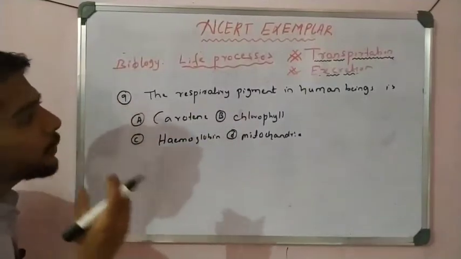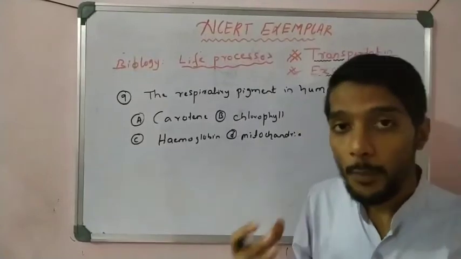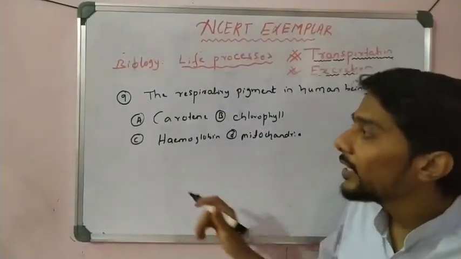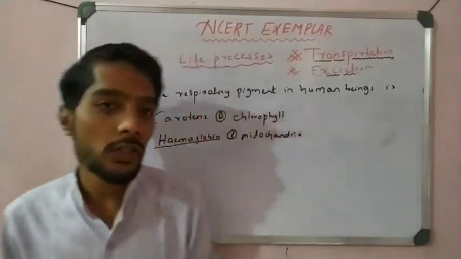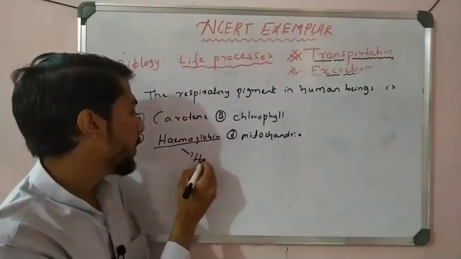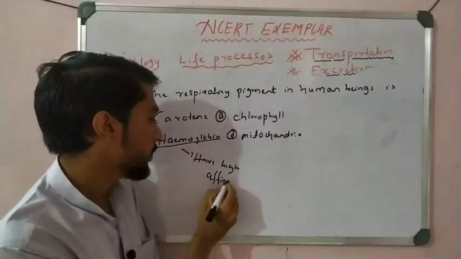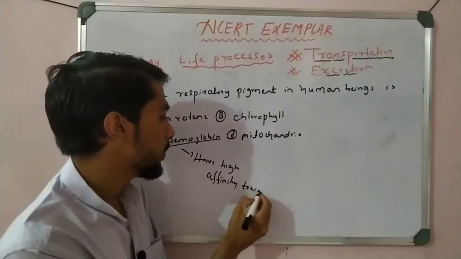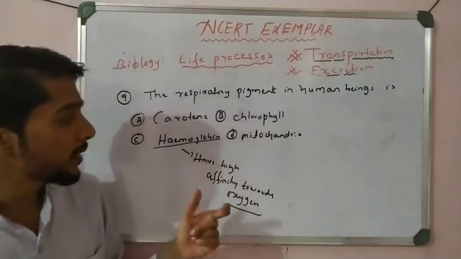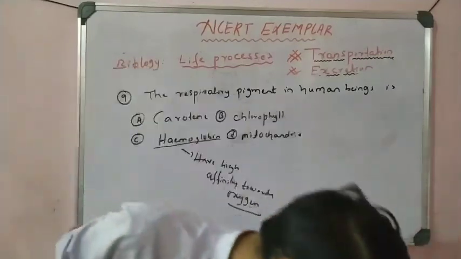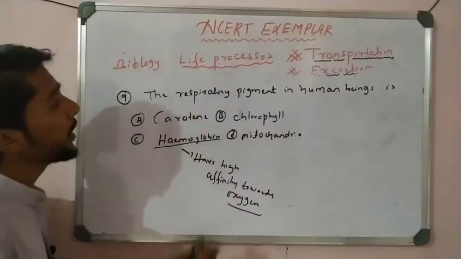The respiratory pigment that transports oxygen effectively is hemoglobin. Why? Because hemoglobin has a high affinity towards oxygen. So what is the answer here? Hemoglobin is the answer, you have to remember. The respiratory pigment in human beings is hemoglobin.